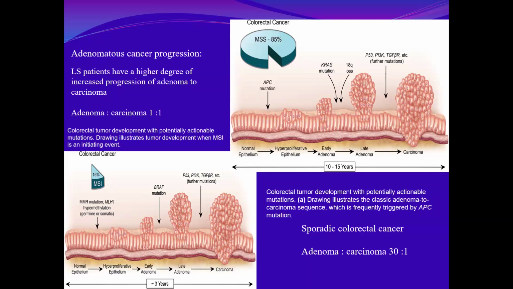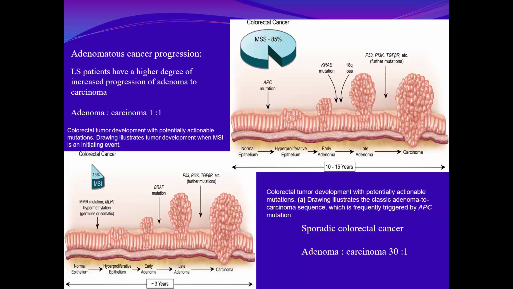And this will accumulate over time, and these accumulations result in oncogenesis occurring, like that, or the process of oncogenesis of Lynch syndrome.